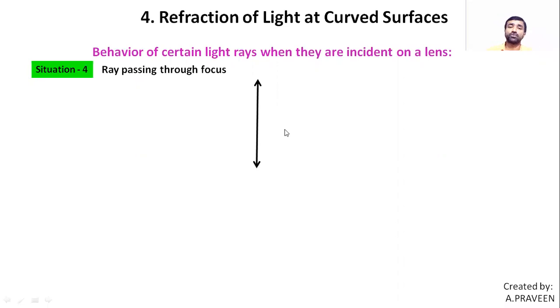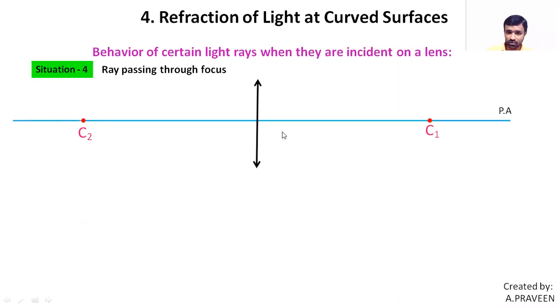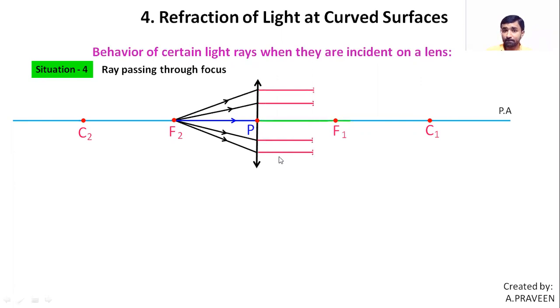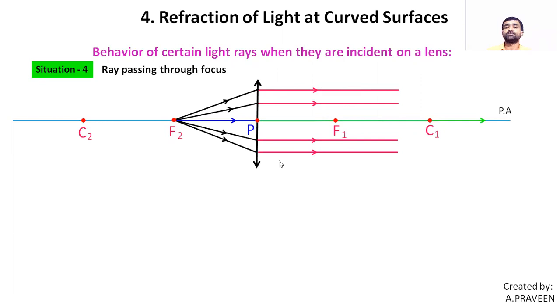In the case of a double convex lens, you can see the rays passing through the focus. We can take diverging light rays from the point where they are separated. These light rays are called diverging light rays. They fall on the convex lens, and after refraction they become parallel to the principal axis.